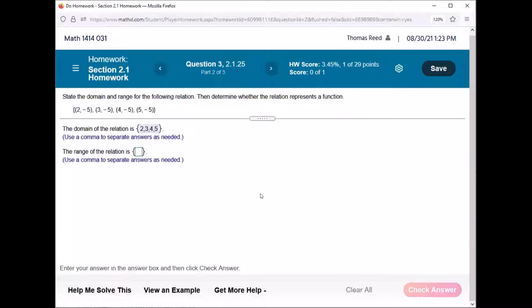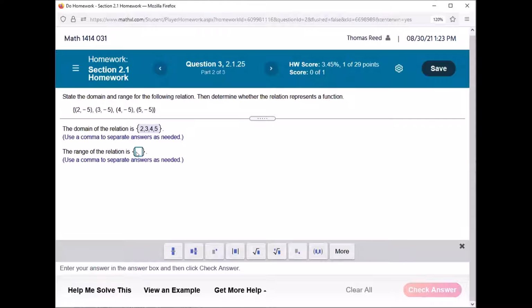Next thing, the range. All right. We have -5, -5, -5, and -5. All the numbers in the range are the same. So how many times do I list it? Four times?